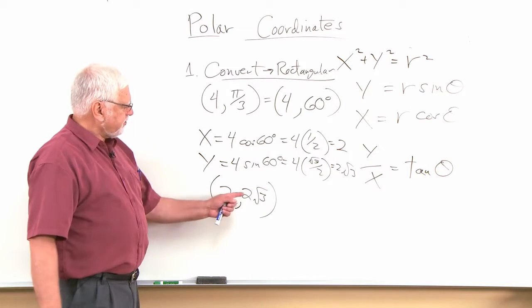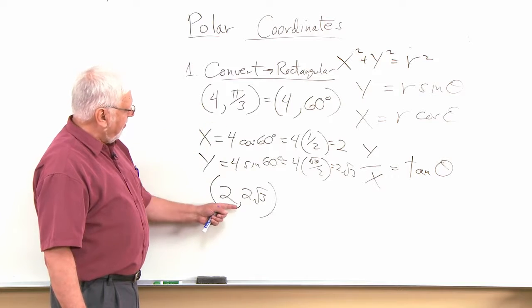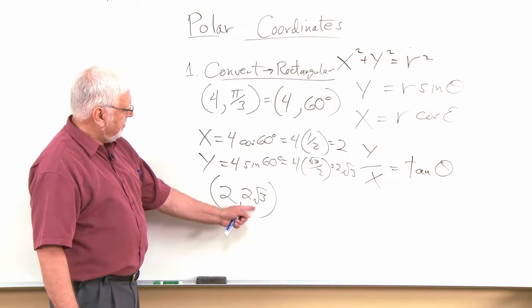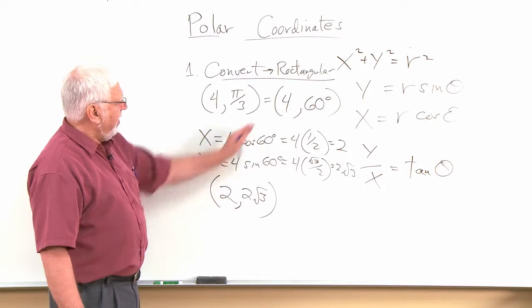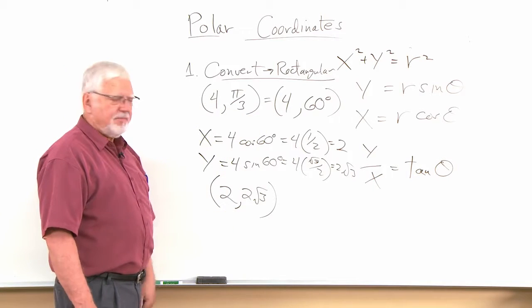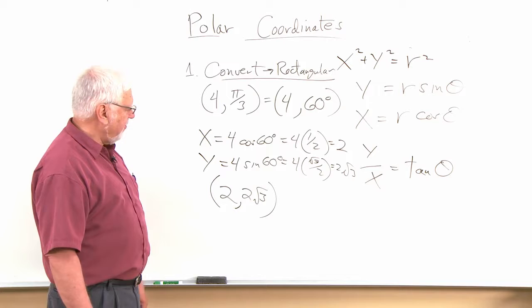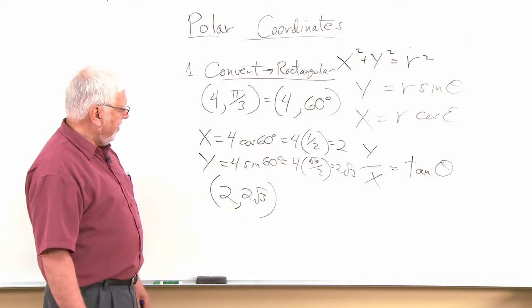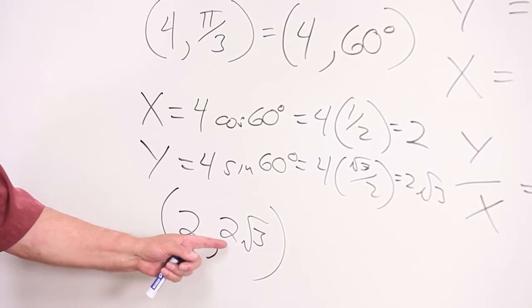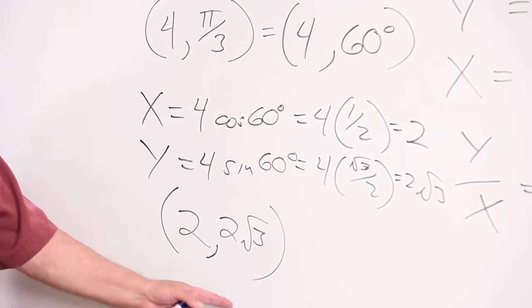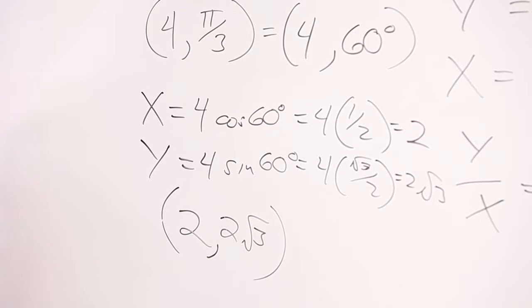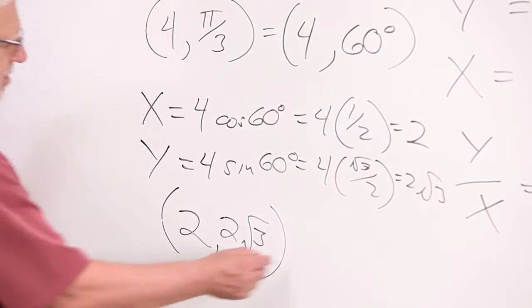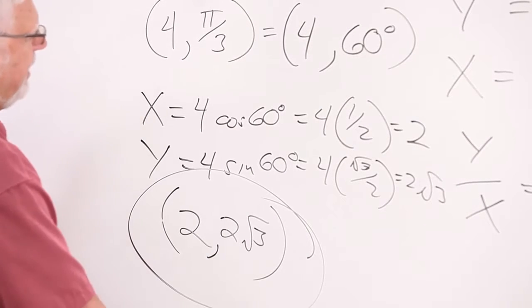So you could go over 2 and up this number, or you could go 60 degrees and out 4, and you're going to end up the same place. You might want to actually try that on a little graph paper. That's about 3.4. So you're going to go over 2 and up 3.4, or you're going to go up 60 degrees and out that far. But we did convert from polar to rectangular.